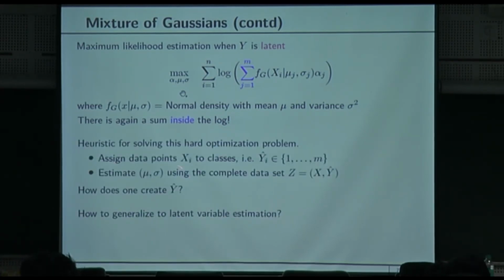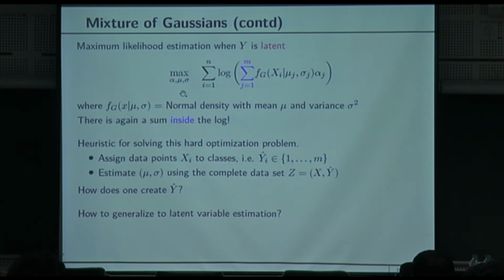So this is basically the heuristic. Assign data points xi to classes, y hat i is 1 through m, estimate mu and sigma using the complete data set z. How do I create y hat? We just guessed mu's and sigmas, and from that I can classify to y hat, and then do something of the sort. However, when we looked at this, creating this y hat, I can focus on just this part and create the y hat, but I don't know how to incorporate this alpha.